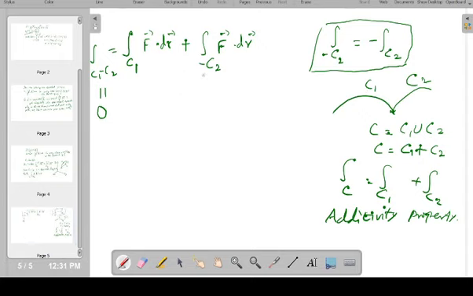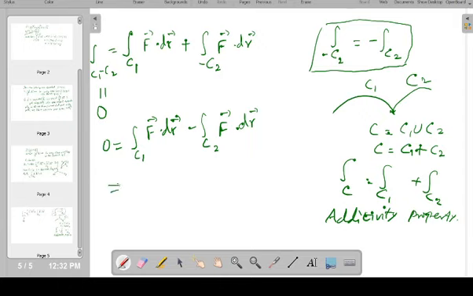So let me substitute the value of the integral over minus C2 as minus the integral over C2. So what will I get? 0 is equal to the integral over C1 f dot dr minus the integral over C2 f dot dr, because the integral over minus C2 is minus the integral over C2.